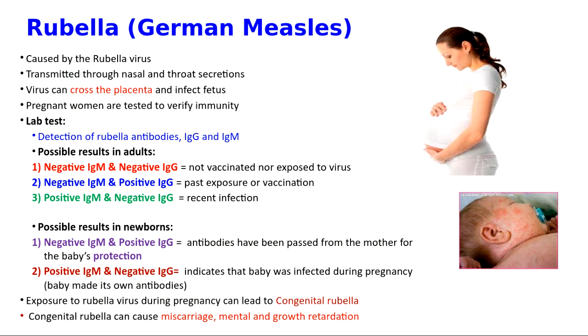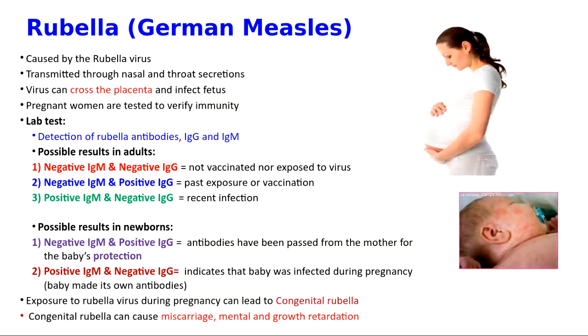She was exposed to the organism either through the vaccine or the actual exposure, but it is no longer an ongoing infection. In newborns, when they are looking to see whether the fetus was affected during gestation with a rubella virus, they will not look for IgG because the IgGs can come from the mother.